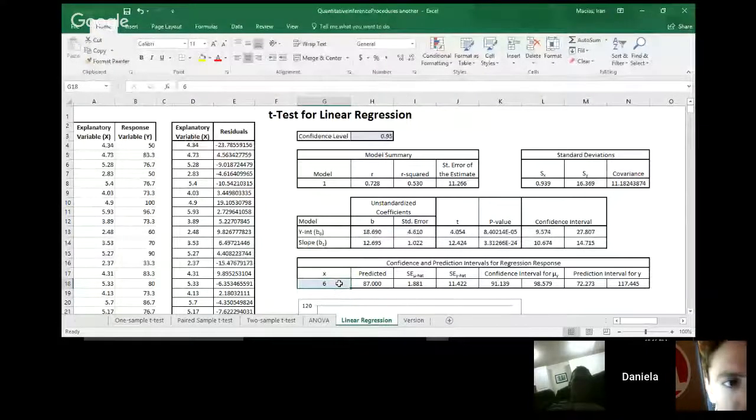Mine was at 6 and the predicted says 94.859. What did you change it from? I don't know. I think it's because the hint says the upper value for x is 6, so I don't know.